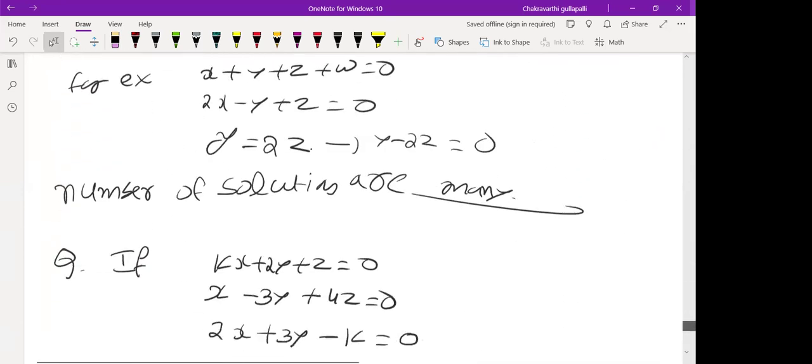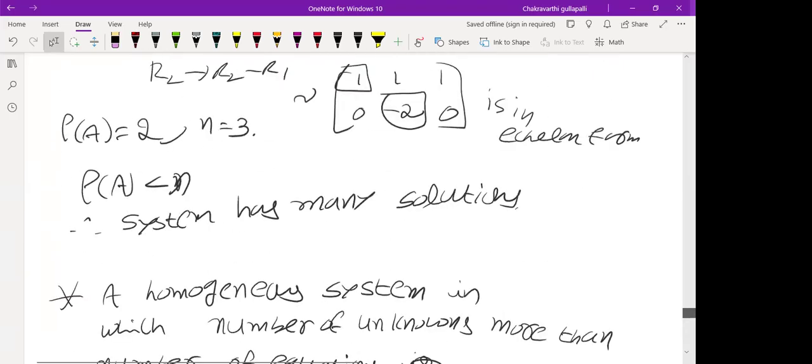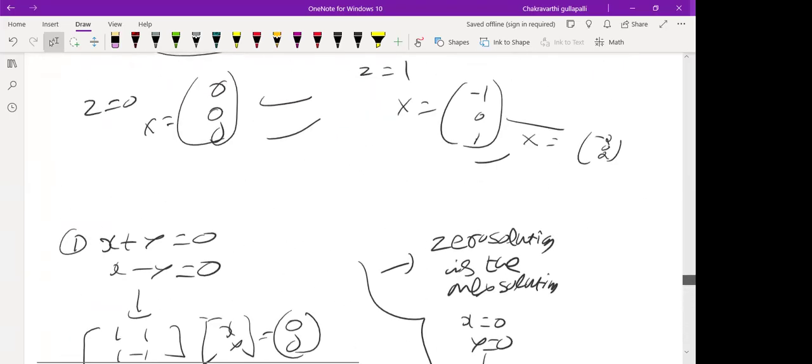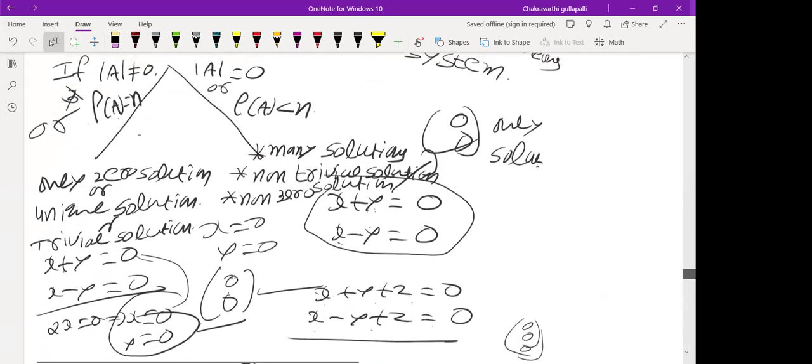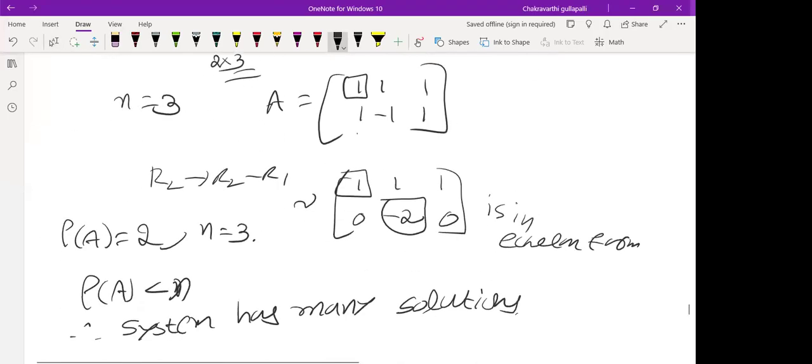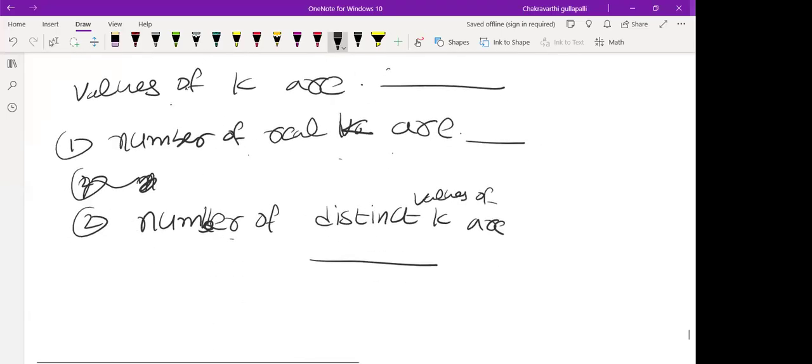Many solutions means the determinant is 0. The system will have many solutions only when det A is 0, that is, the rank of A is less than n. So we have to reduce it to the matrix equation form Ax = 0.